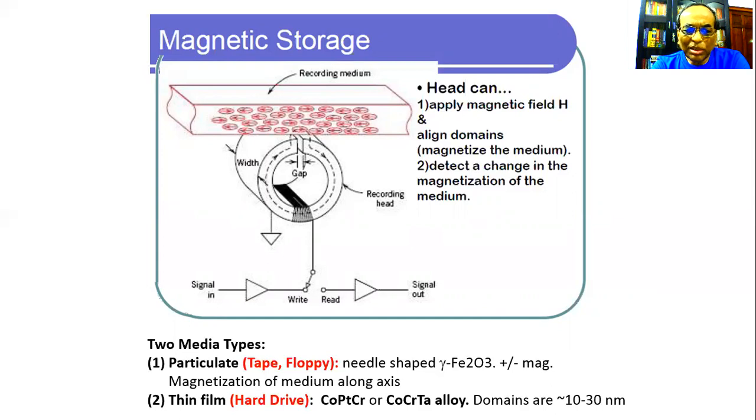Thin film hard drive: cobalt platinum chromium or cobalt chromium tantalum alloy. Domains are 10 to 30 nanometers. This is a very fine domain in the film. So this recording medium is a very fine and finely controlled thing.